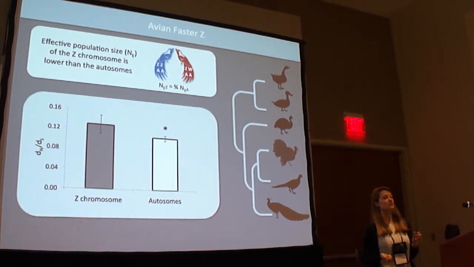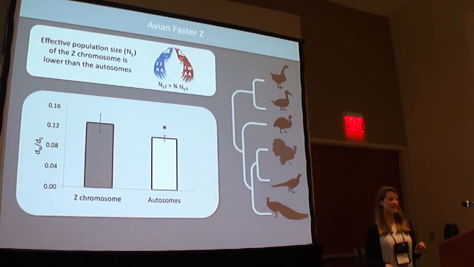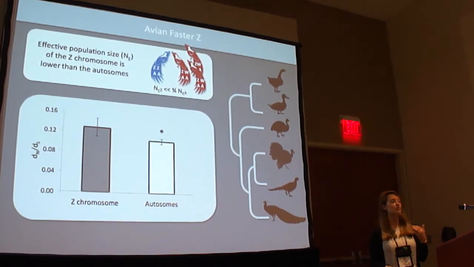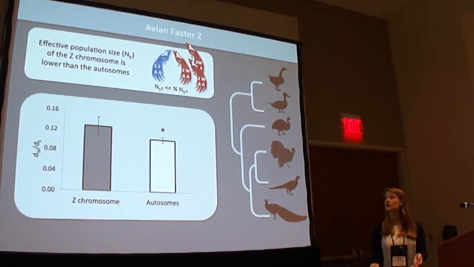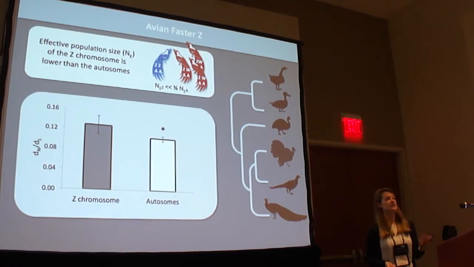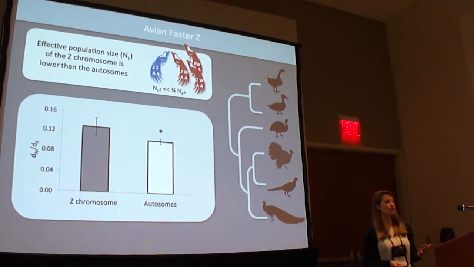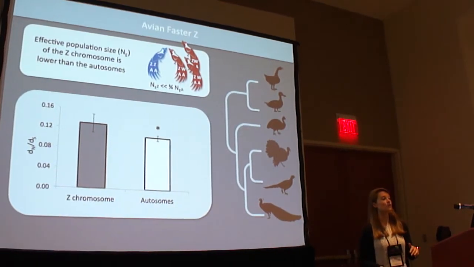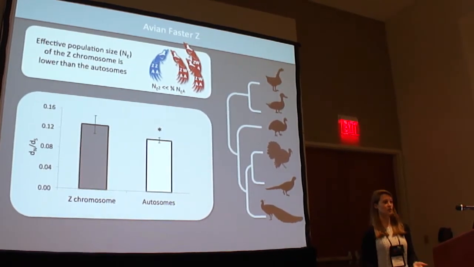However, we might expect this relationship to differ depending on mating system. And this is because as the variance in male reproductive success increases, the effective population size of the Z relative to the autosomes decreases lower than 3/4. And therefore, the strength of drift is predicted to increase.